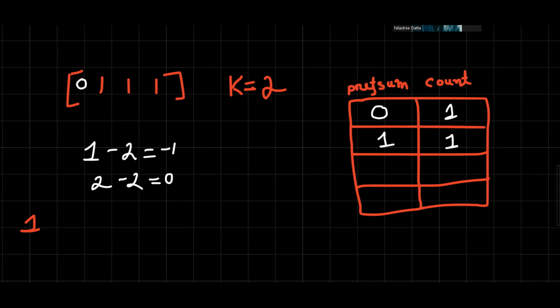Now, let us try to take this portion of the subarray. Here we can see that for this portion of the subarray, their sum will be 3. So the value of 3 minus 2, which is sum minus k, will be 1.